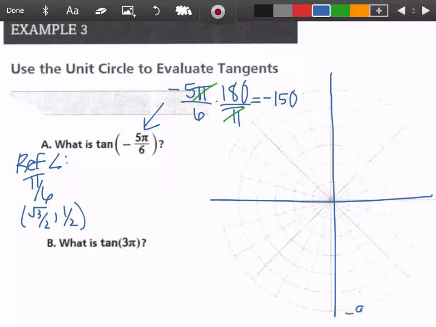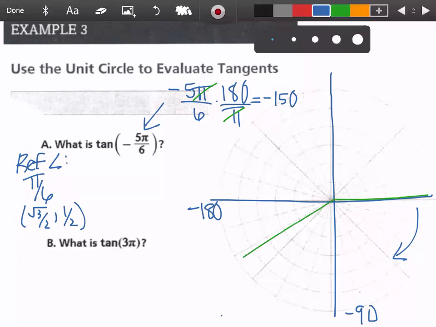Remember that if you go in the opposite direction, we have negative degrees. So negative 150 degrees is somewhere within this third quadrant. So now we have our point.